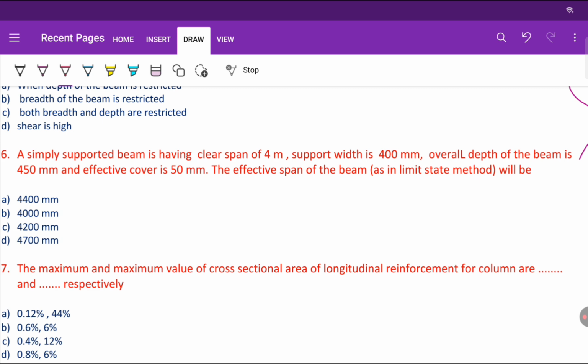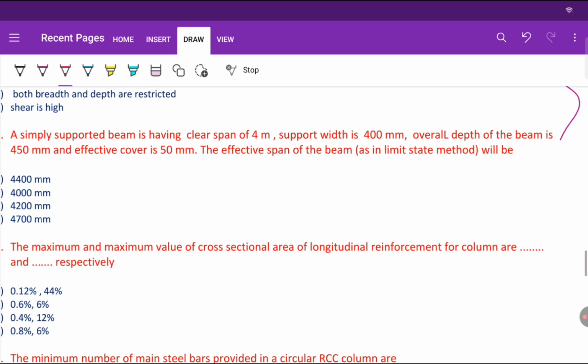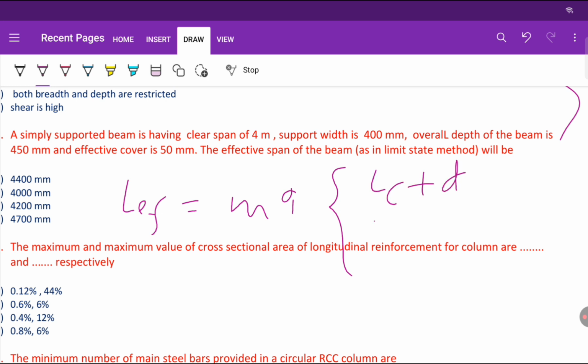We have two conditions for finding L effective, right? L effective is the minimum of L clear plus D, and L clear plus B upon 2 plus B upon 2, right?